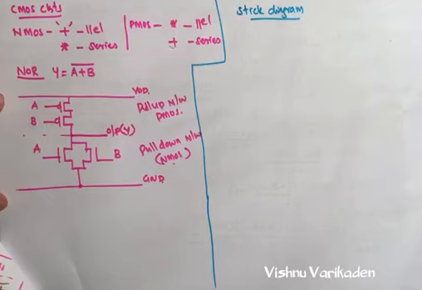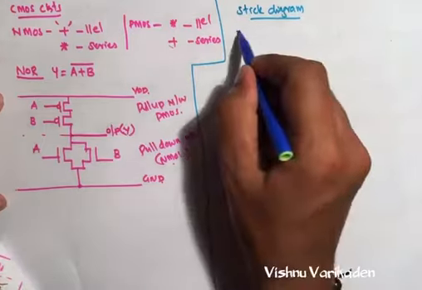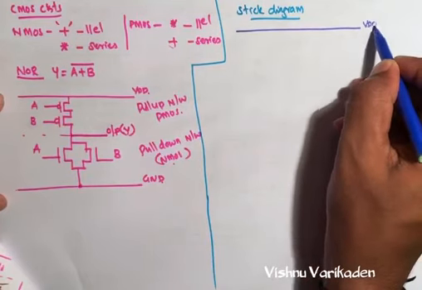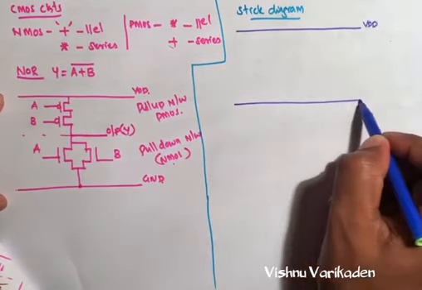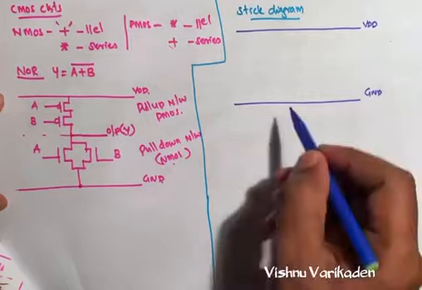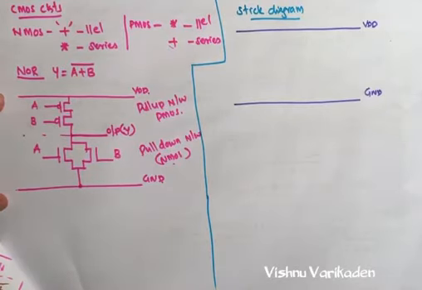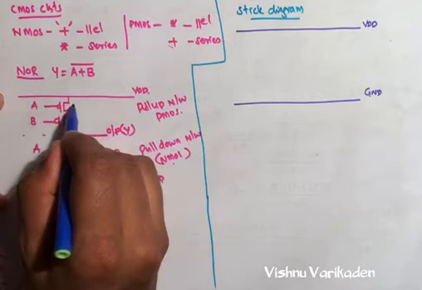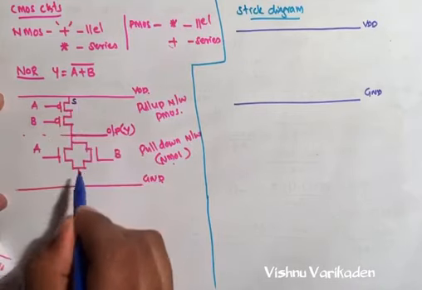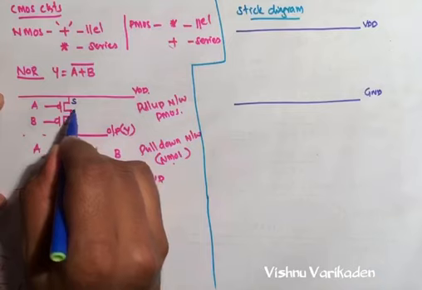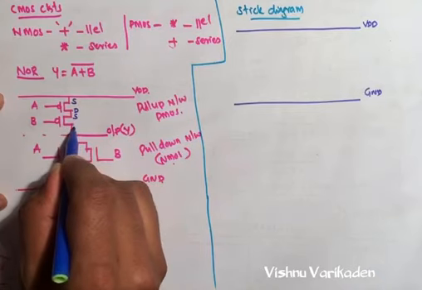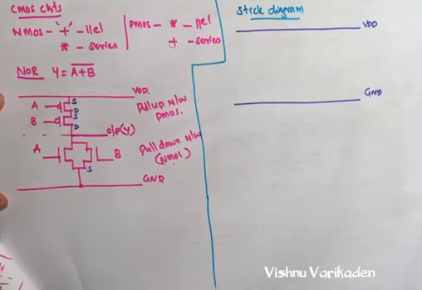So we make VDD and ground, with much space between them. Already discussed, this one is source, this one is source, this one is drain, this one is source, and this one is drain.